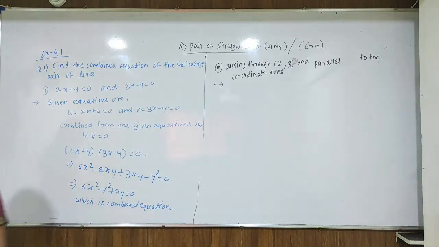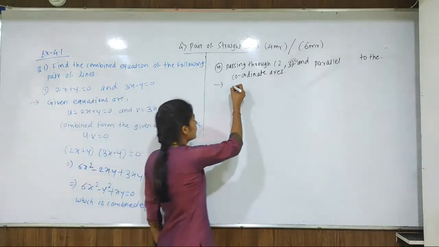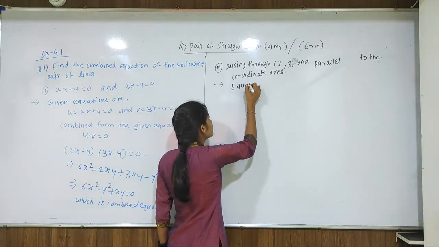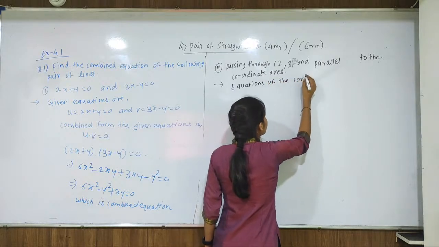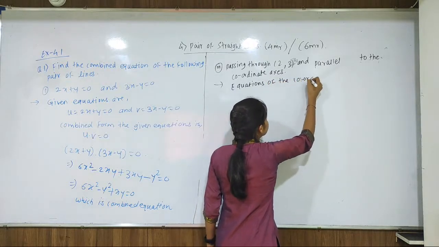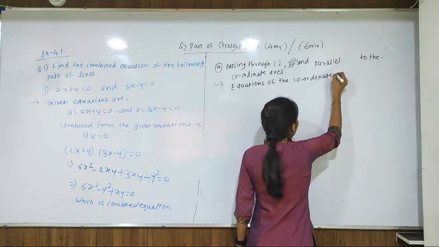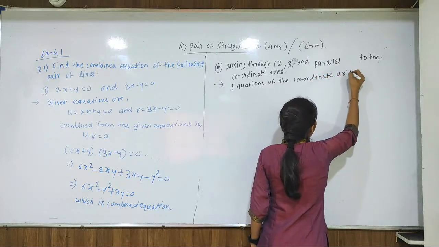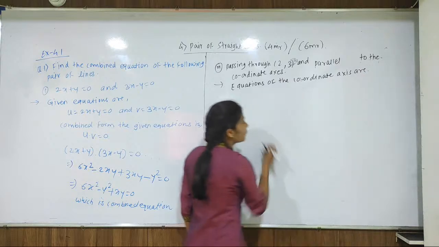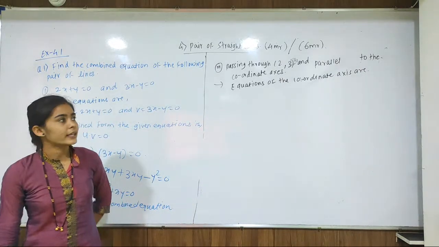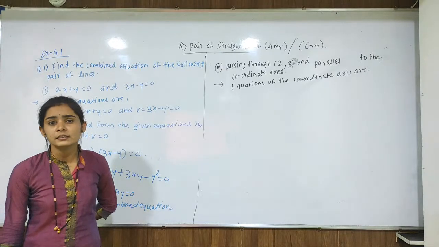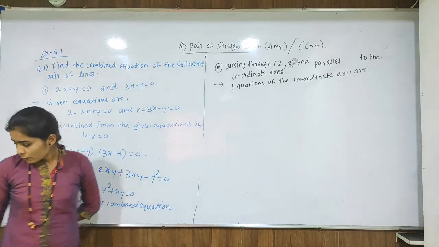So what are the equations of the coordinate axis? First tell me the equations of the coordinate axis. What is the equation of the x axis? What is the equation?